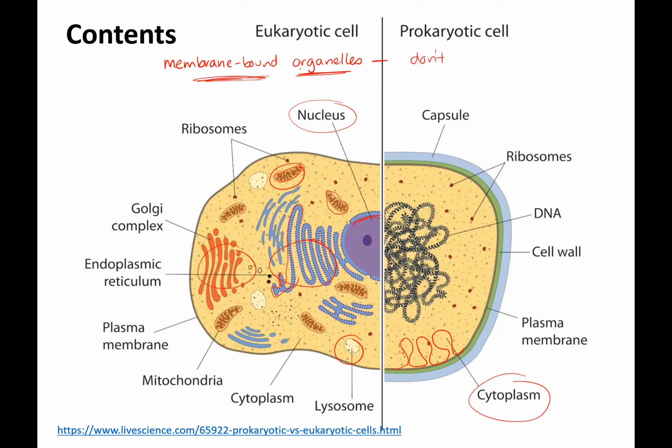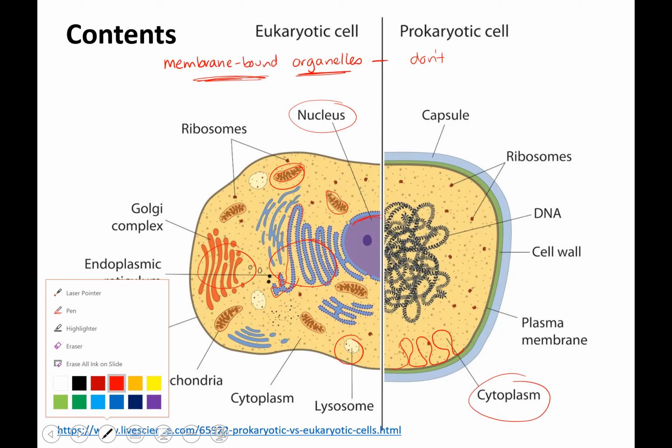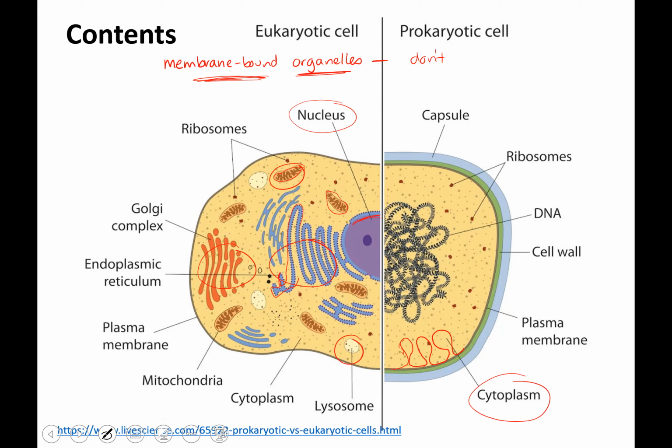What I want you to remember, though, is that there are quite a few similarities between eukaryotic and prokaryotic cells. So, all cells have ribosomes. Ribosomes are essential for protein synthesis. We will get into this later this semester. Okay.